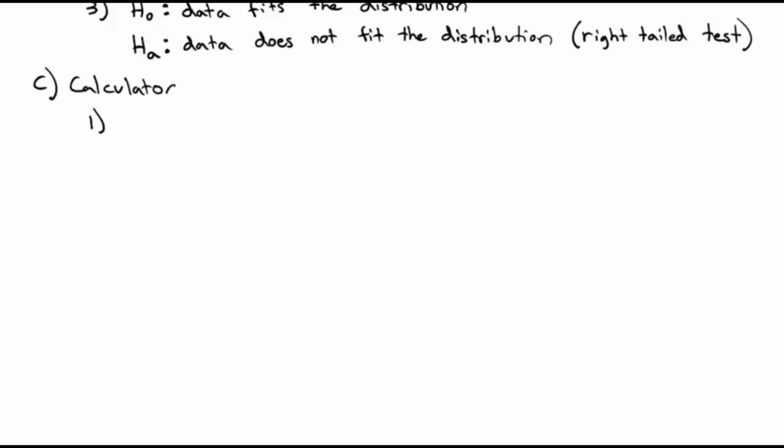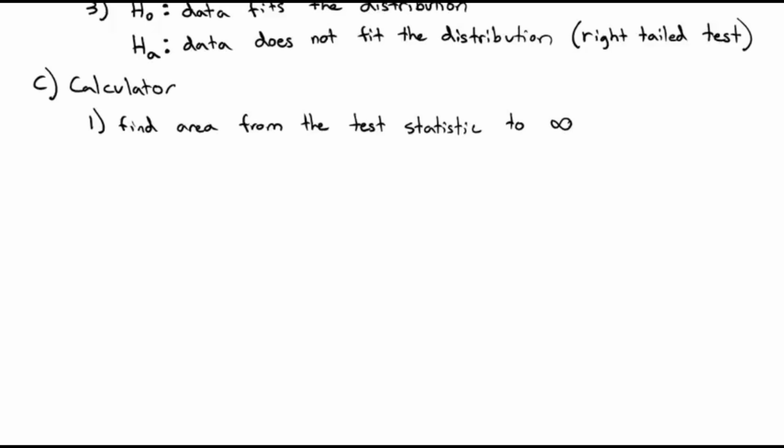What we'll do on the calculator is we will find the area from the test statistic all the way out to infinity. How much area is in that right tail?